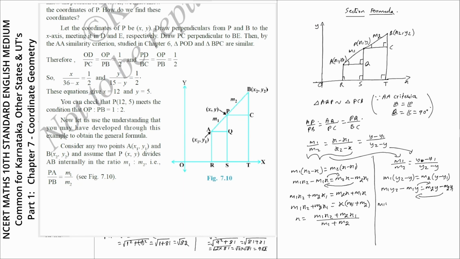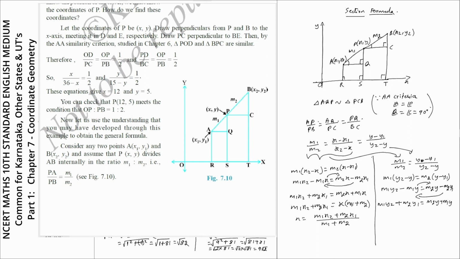So I'll get m1 y2 plus m2 y1 is equal to m2 y plus m1 y.